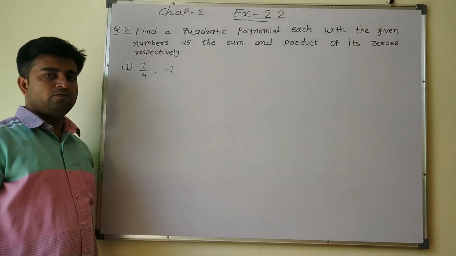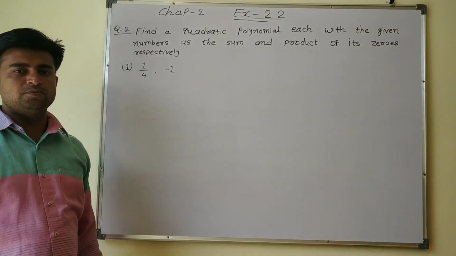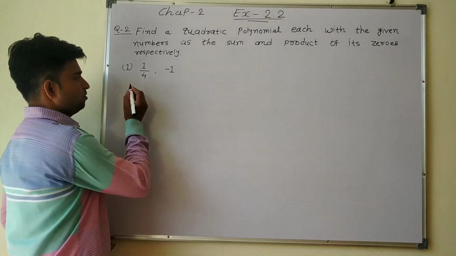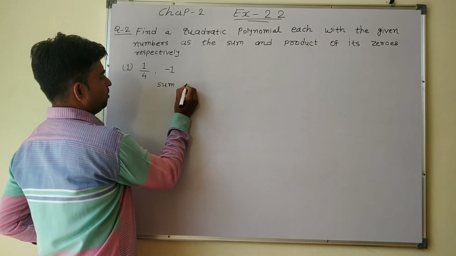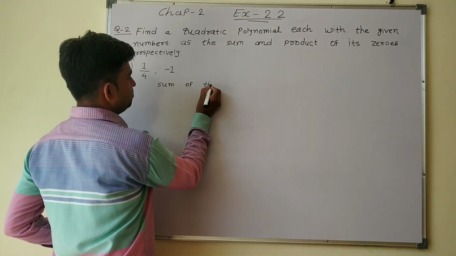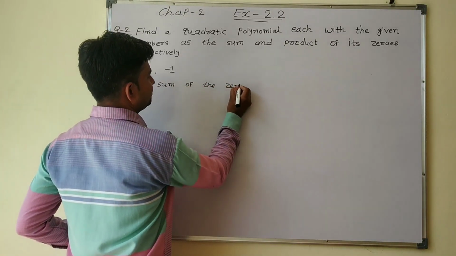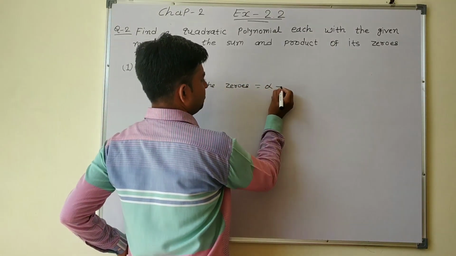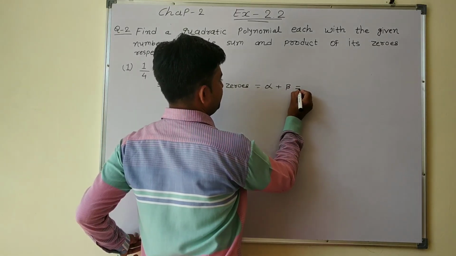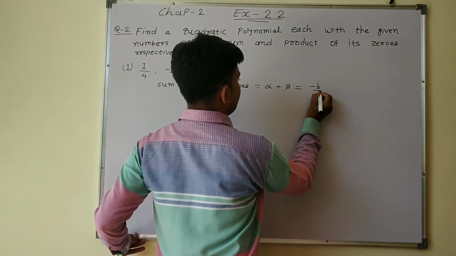So here we have to use the formula of sum of zeros. The sum of the zeros is equal to alpha plus beta is equal to minus b by a.